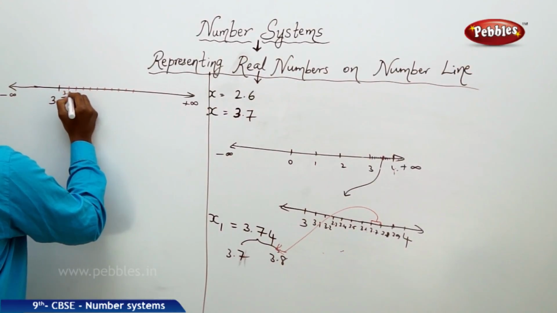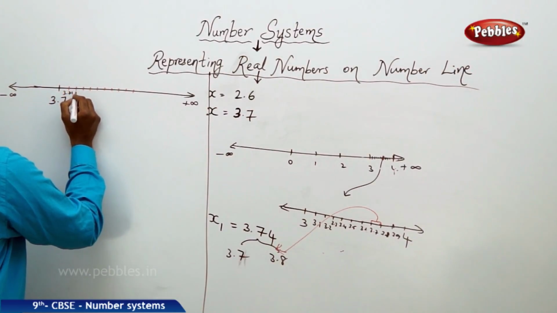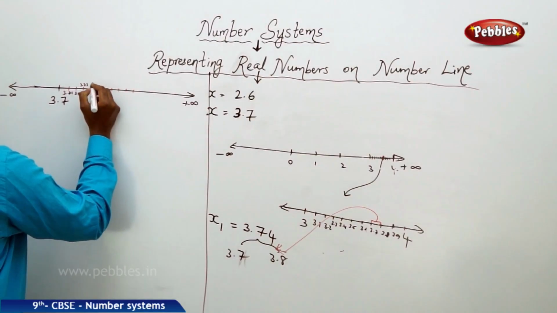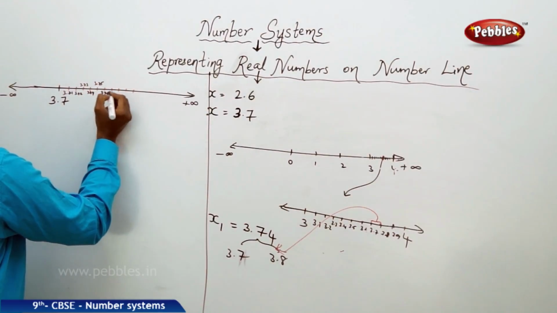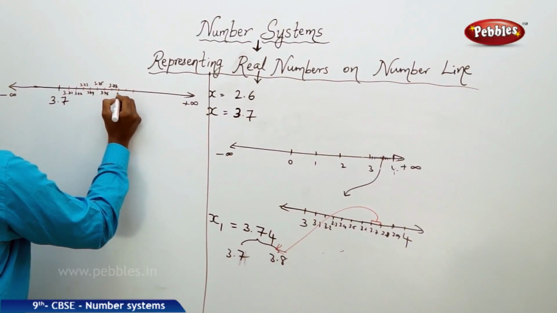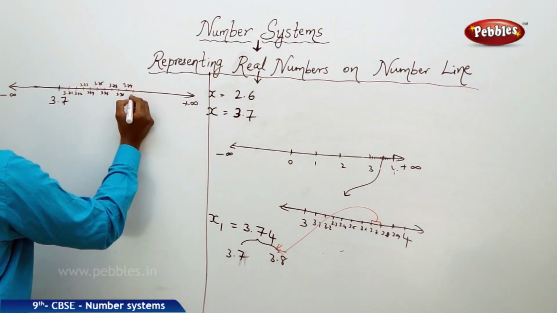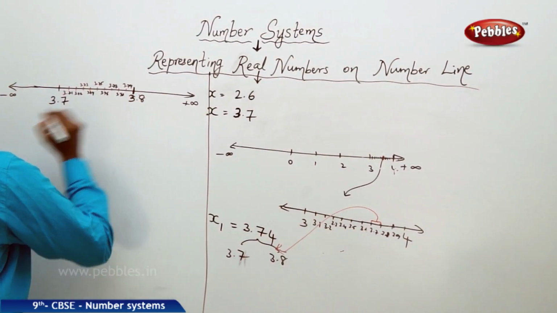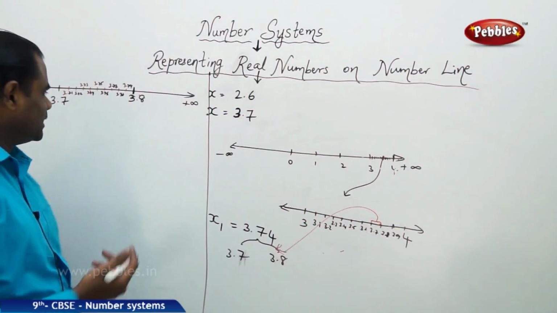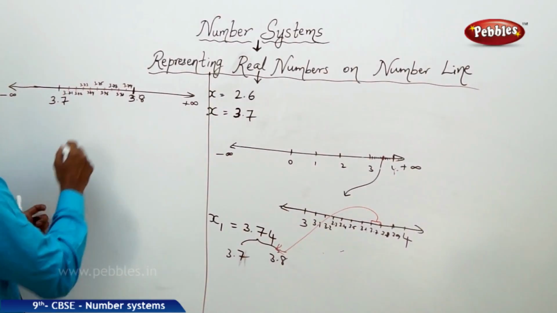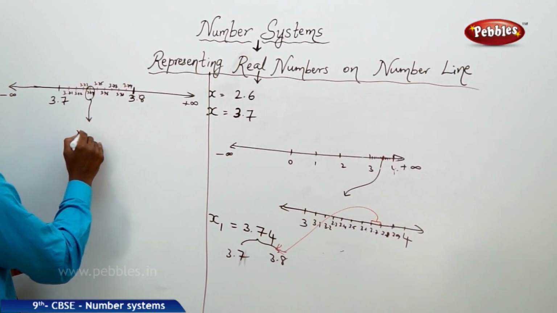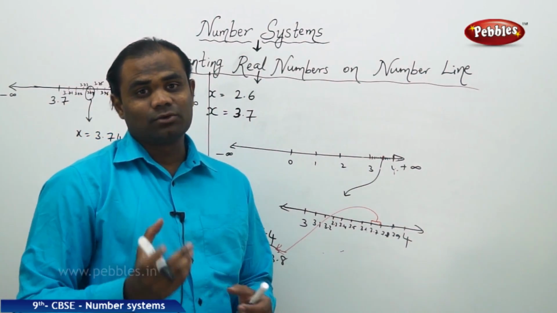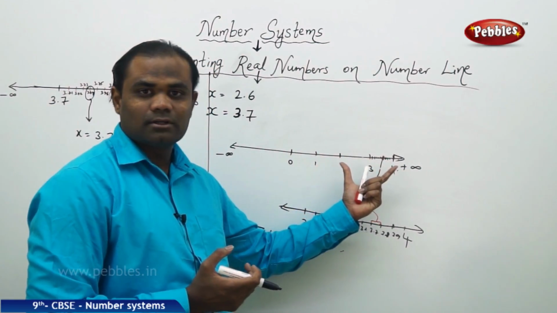So I get this to be 3.71, 3.72, 3.73, 3.74, 3.75, 3.76, 3.77, 3.78, 3.79, and this is finally 3.8. So my 3.74 can clearly be identified to be out here.